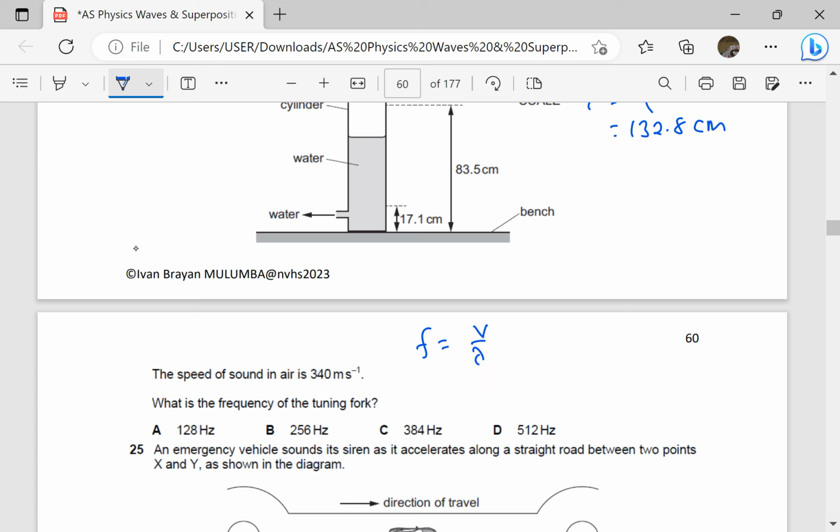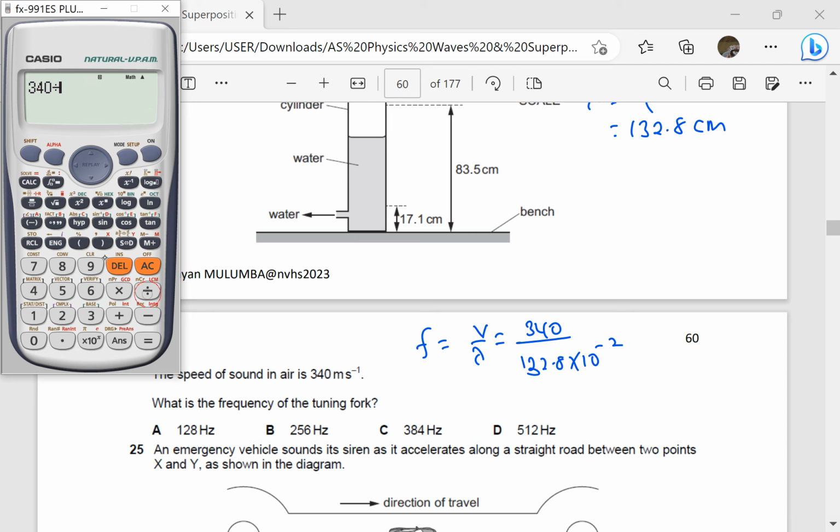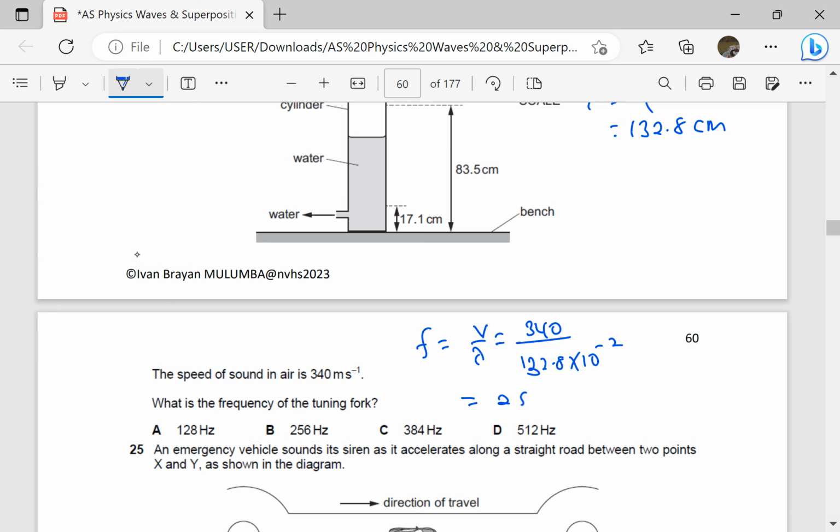Frequency is going to be V over wavelength, which is 340 divided by wavelength, which is 132.8 times 10 to the power negative 2. 340 divided by 132.8 exponent negative 2, that is 256.0 hertz.